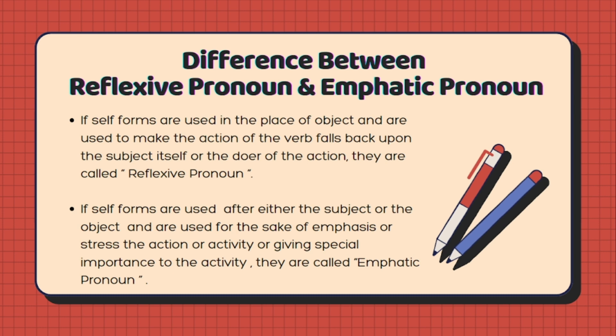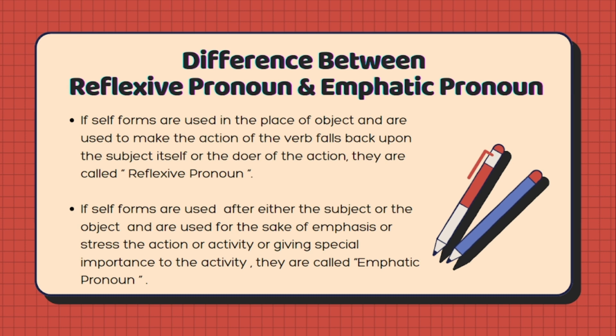If the self form is used to make the action of the verb fall back upon the subject itself, or the doer of the action, and the self form is used in the place of the object, then only the self form is called a reflexive pronoun.